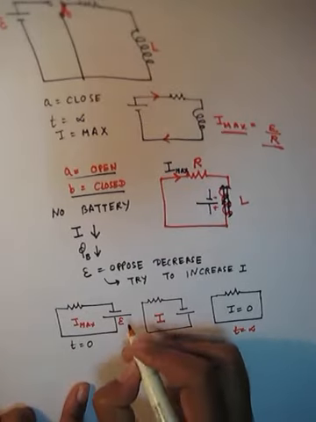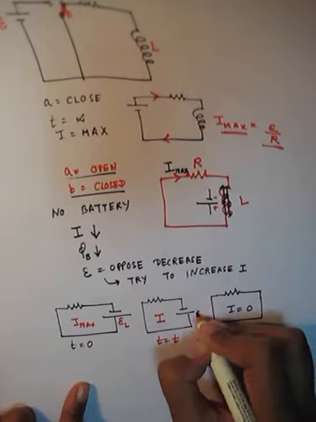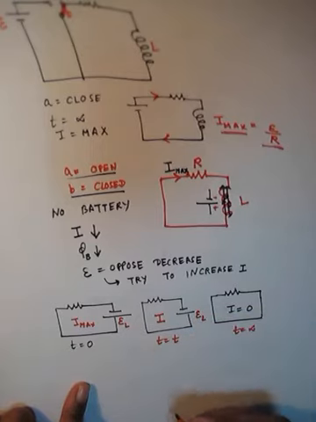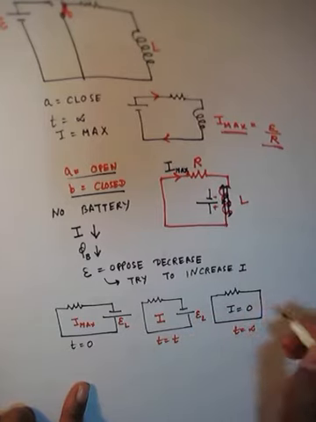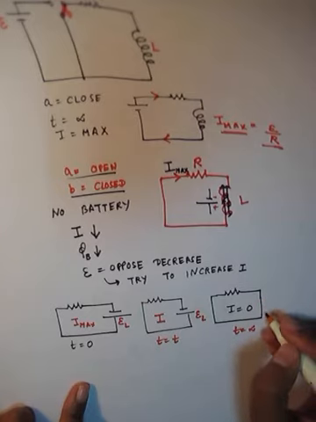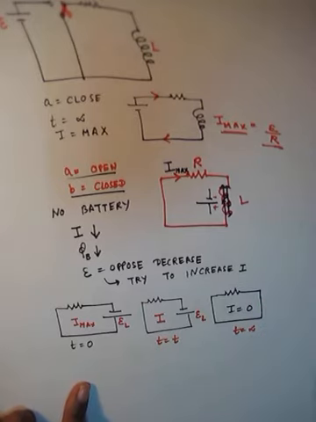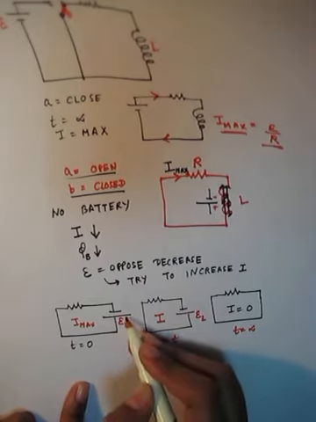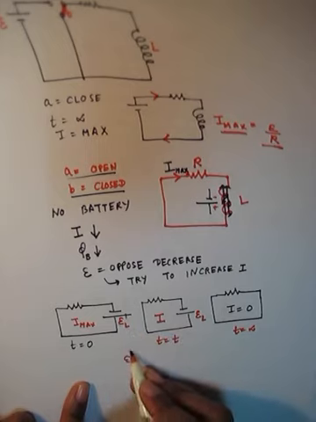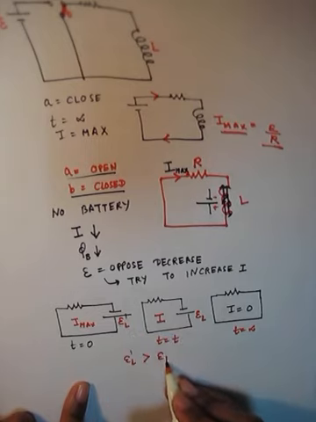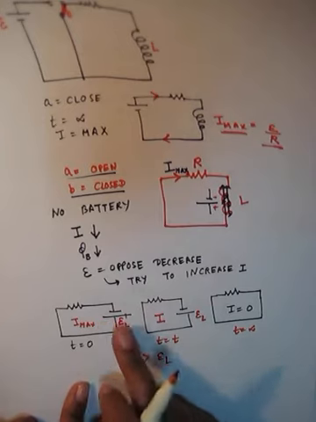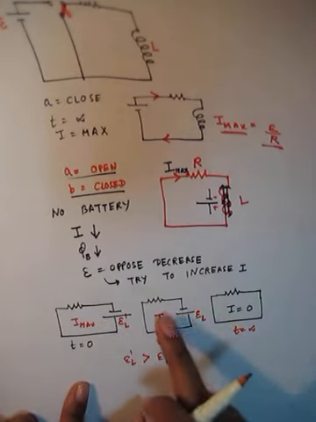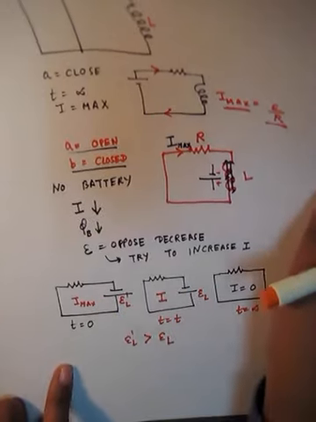Here it has some potential drop epsilon L, and because there is no battery here and no current here, we need not talk about it. Let's say this potential drop is epsilon L dash, which will be greater than epsilon L, because it's a bad battery, and so it tends to decrease the potential drop as we move with time.